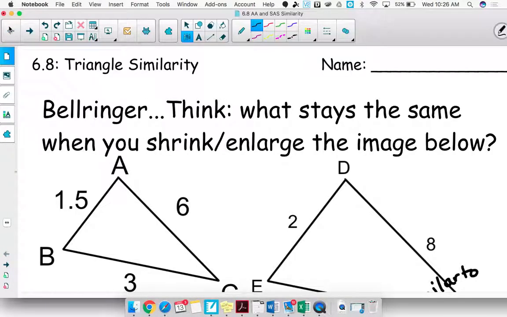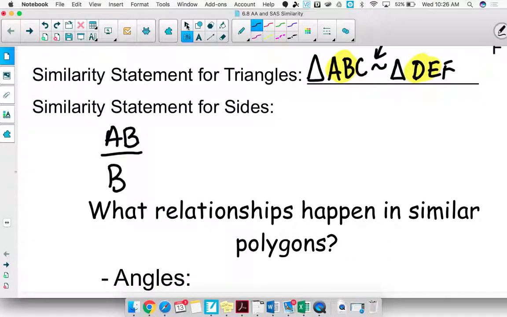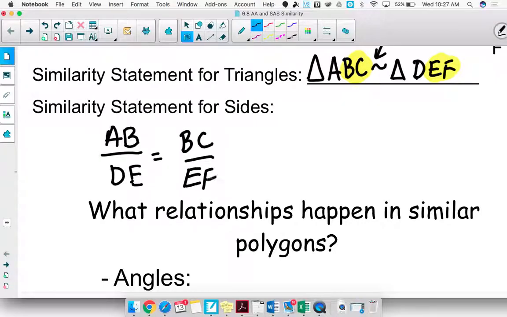So AB and DE would be proportional sides. Then BC and EF would be proportional, as would the first and last letters, AC and DF. So you're just matching up the three sides of the triangle.